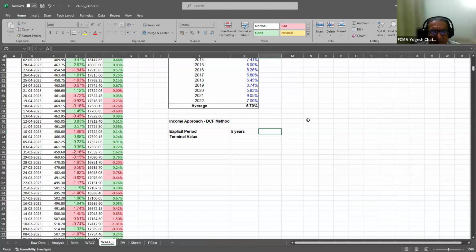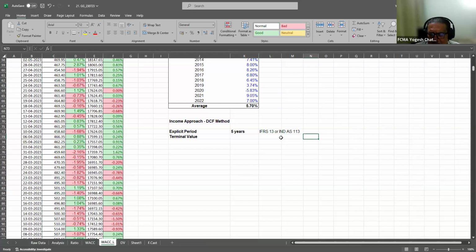This guidance is also there in IFRS 13 or in Ind AS 113. IFRS 13 or Indian Accounting Standard 113, as we all are aware, is on measurement of fair value, and there also it is provided that as far as possible the explicit period can be of 5 years, and the terminal value is beyond the explicit period.